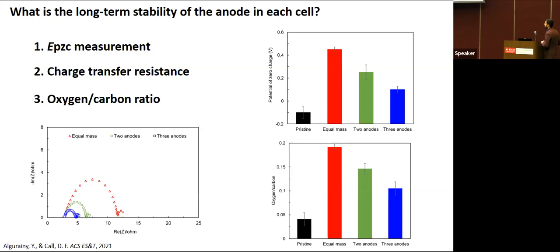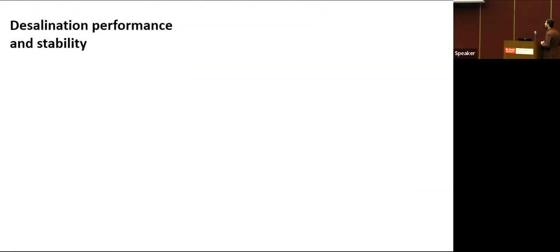However, the cell with 1:1 mass, where there was no modification of the cell voltage distribution, experienced the greatest change in oxygen to carbon content, indicating that we are losing carbon of the electrodes that we started with. So all those results suggest that because the anode was exposed to different levels of oxidation potential, the stability of the anode improved by adding more carbon to the anode and avoiding the high oxidative potential at the anode.